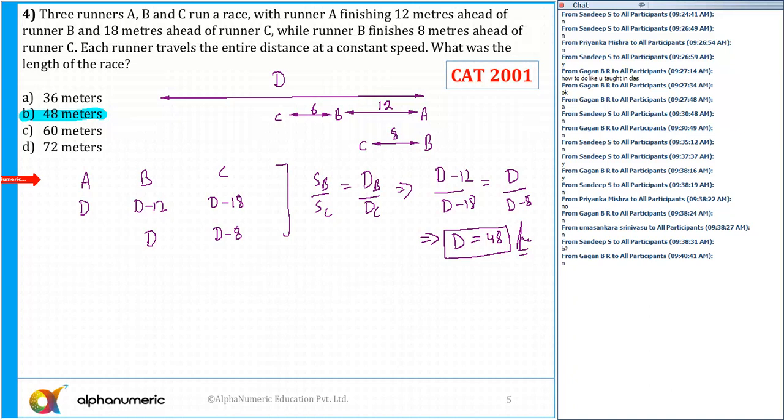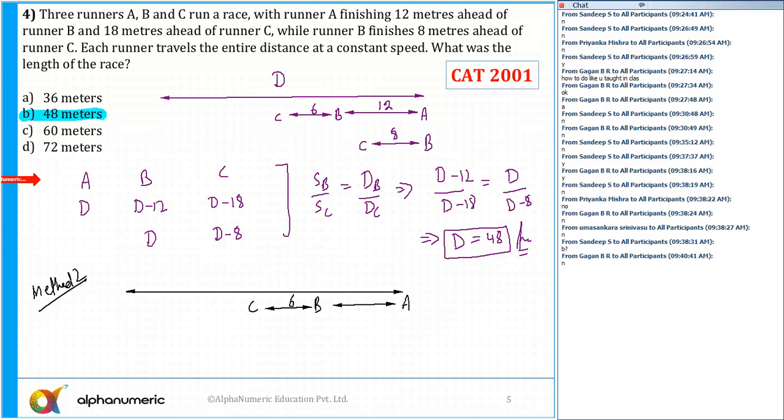Now, another alternative way, method 2. Try to understand the logical approach. We know there is A and then B and then C. When A finishes the race, the gap between A and B is 12 and the gap between B and C is 6.